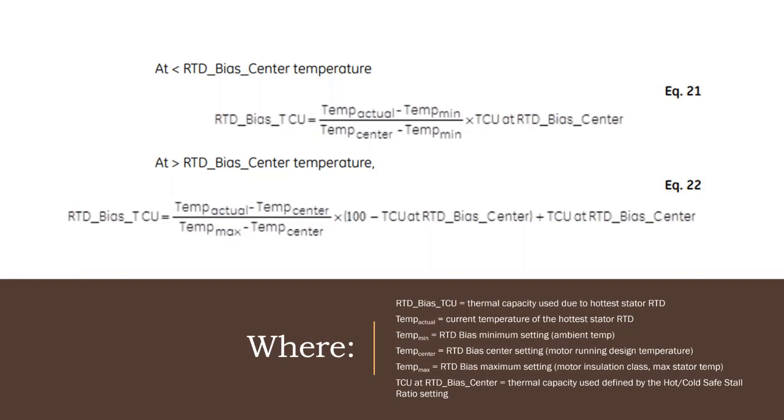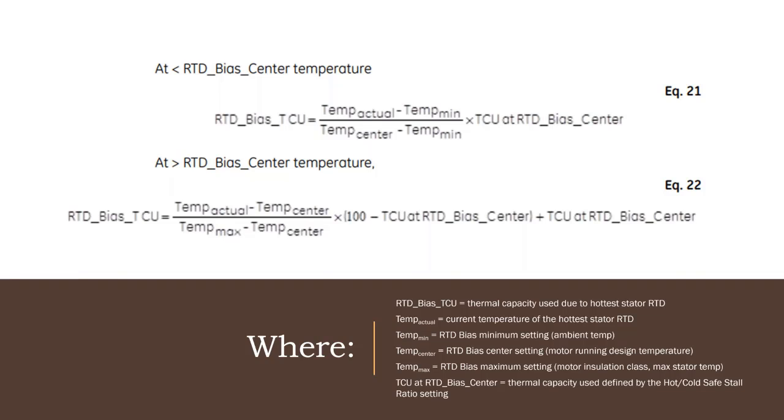It's running concurrently. And then at the end of the calculations, the RTD bias thermal capacity used is compared against the thermal overload capacity used, and the greater of those is what the relay actually uses to monitor that motor.